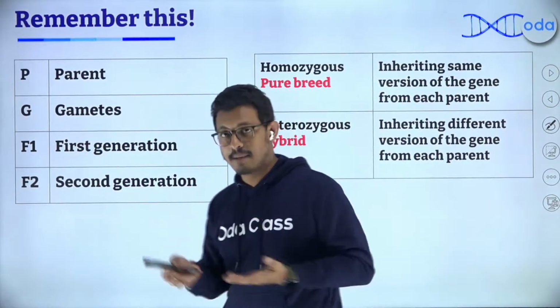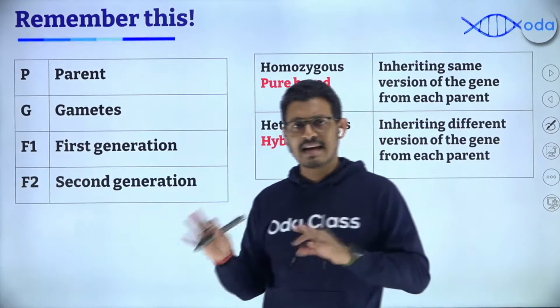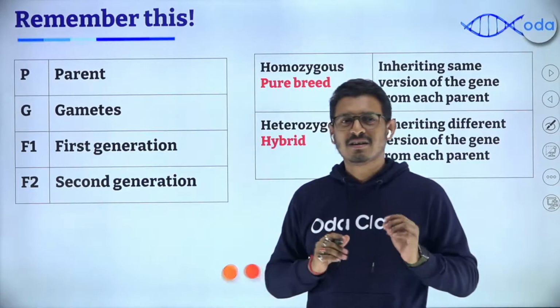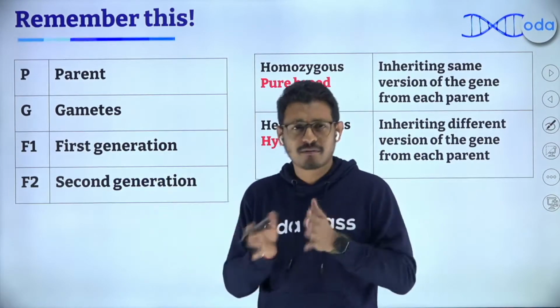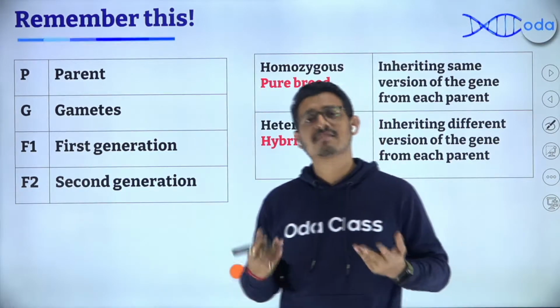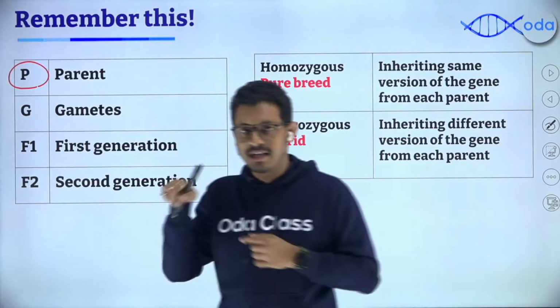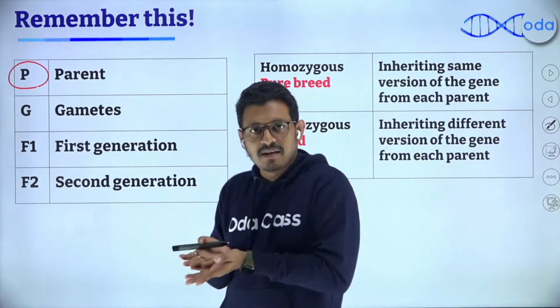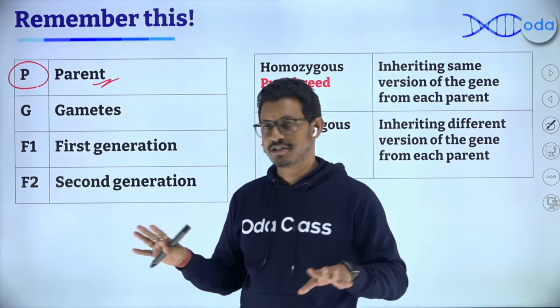Okay, now moving forward. Now, when you establish a dihybrid cross or monohybrid cross, there are a few simple signs that you have to remember. And while writing all this, you cannot be an amateur and write everything. So narrow it down. Use signs that mean something. For example, whenever you see somebody writing P when writing down the Punnett square for a monohybrid or dihybrid cross, P usually indicates the parent generation.